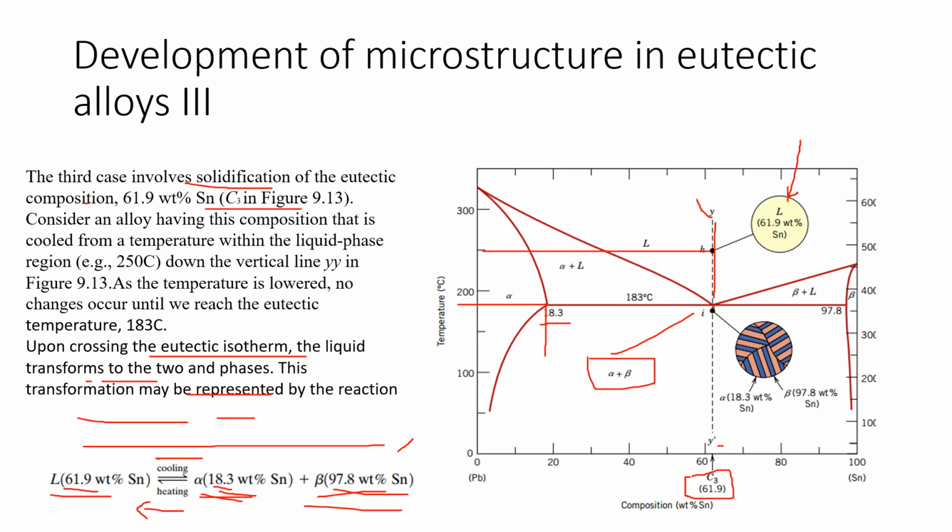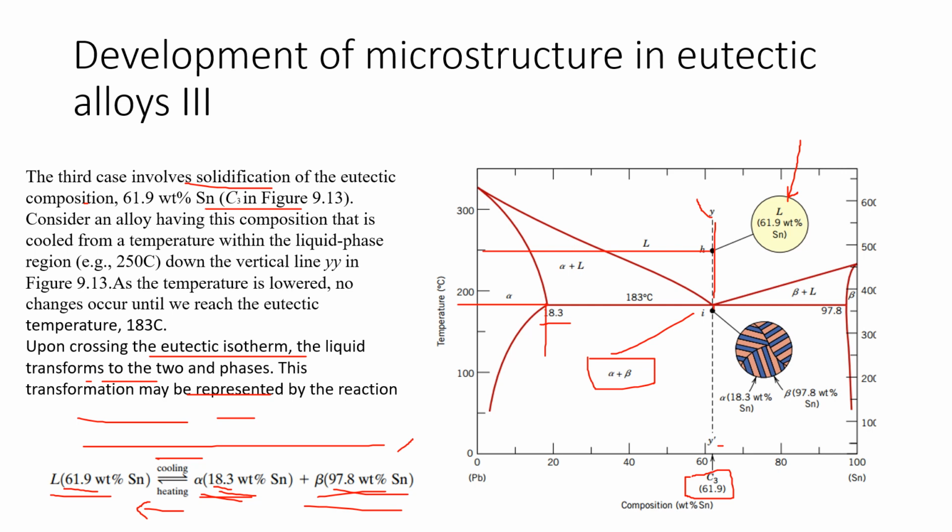During this transformation, there must necessarily be a redistribution of the tin and lead components, inasmuch as the alpha and beta phases have different compositions, neither of which is the same as that of the liquid. This redistribution is accomplished by atomic diffusion.